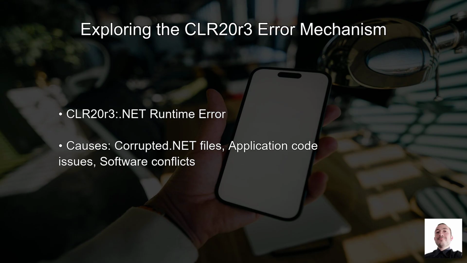This error can be caused by a variety of factors, including corrupted or missing .NET framework files, issues with the application's code, or conflicts with other software installed on your system. Understanding this error is crucial because it helps you pinpoint whether the problem lies within the application itself or the system's configuration. This leads us to investigate further into the specific causes and solutions for this error, ensuring a smooth installation process for your software.